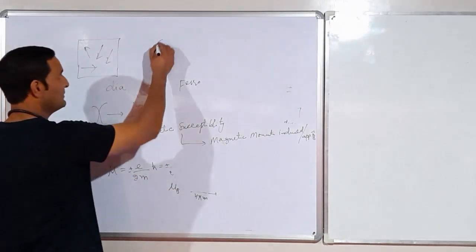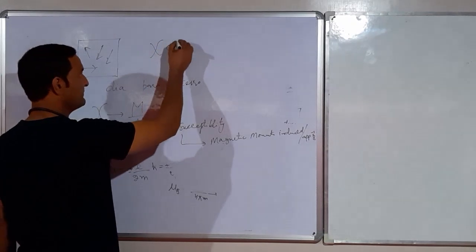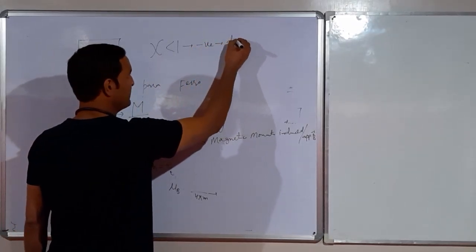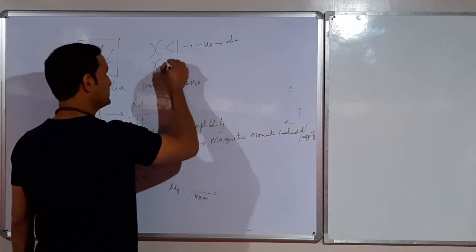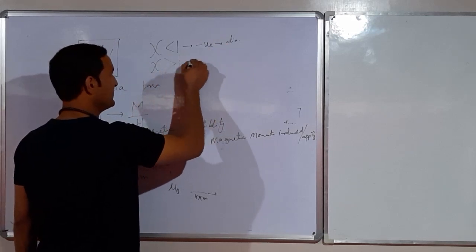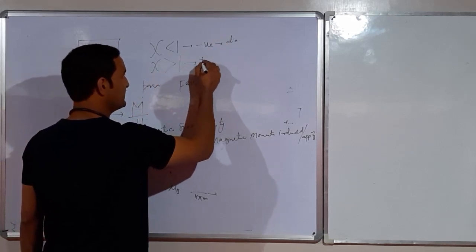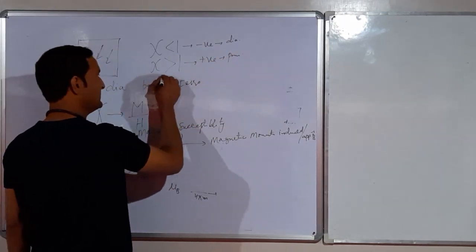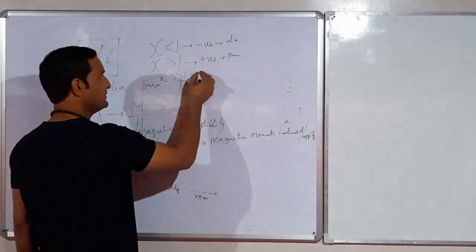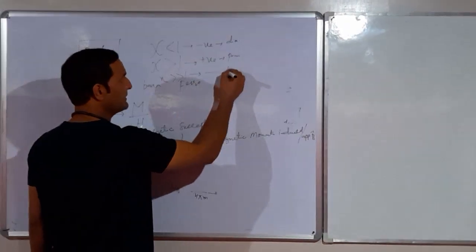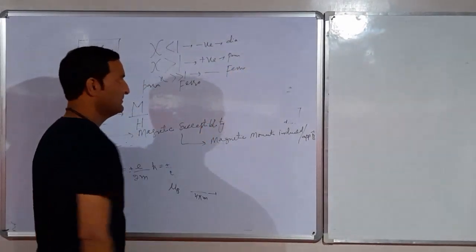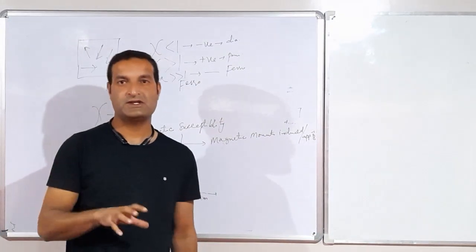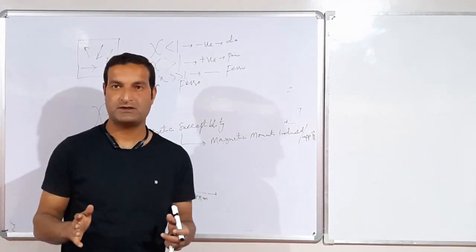If the value of chi is less than 1, it will be negative, for a diamagnetic material. If chi is greater than 1, it will be positive, for a paramagnetic material. If it is very, very large, it will be more positive, for ferromagnetic materials, because ferromagnetic materials are strongly attracted in an external magnetic field.